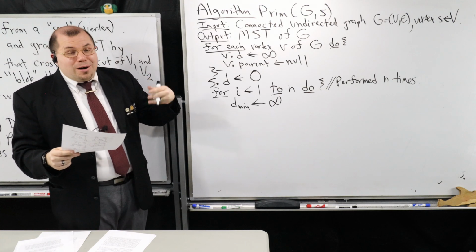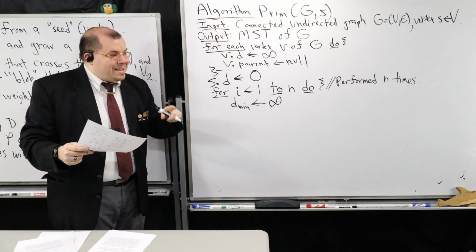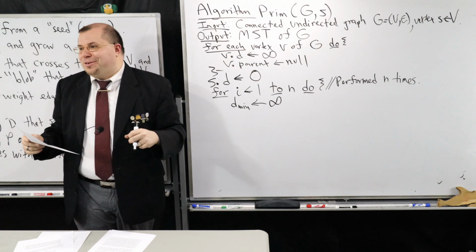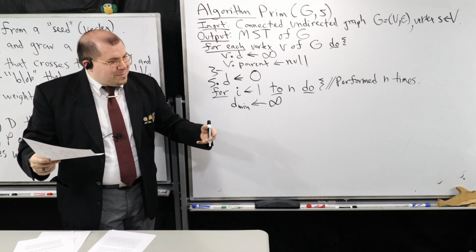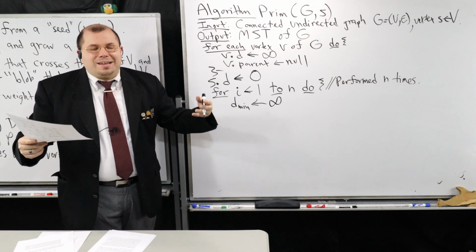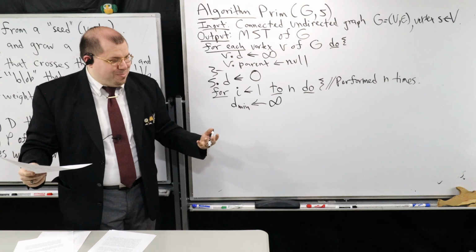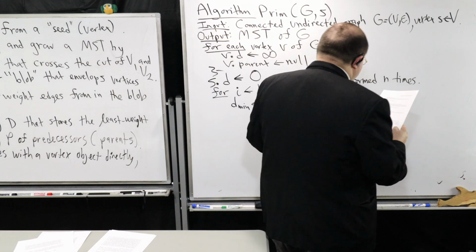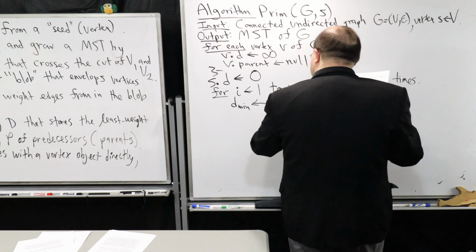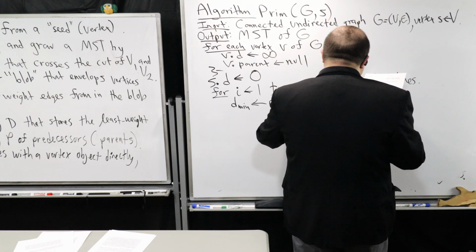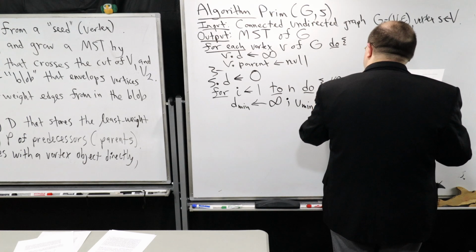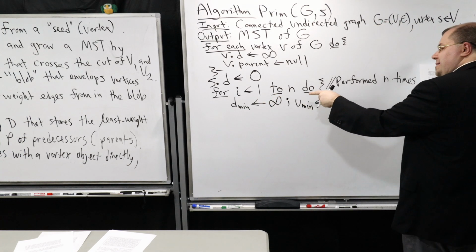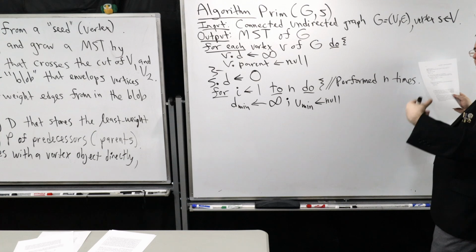But I want to make sure I always pick the one that's the laziest approach for the blob to do so. It's whatever's the closest to that vertex. But remember, each vertex I'm talking about is in the blob, so you have to keep that in mind. So I'm going to have this other variable called umin. It's going to keep track of the additional information associated with whatever vertex I pick that is the one with the smallest D value.